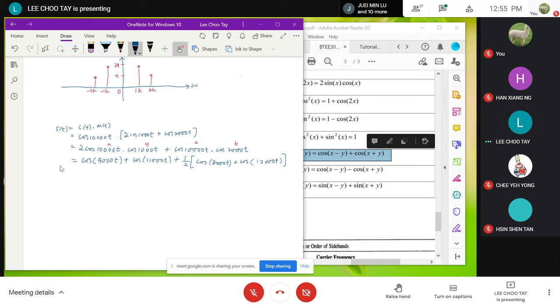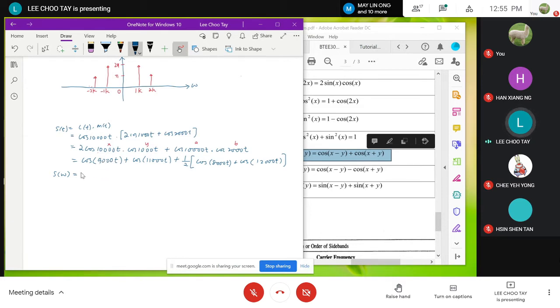So the next thing is to convert it into its Fourier equivalent. Again, I'm going to use the omega. So what I have here is cos 9,000t.